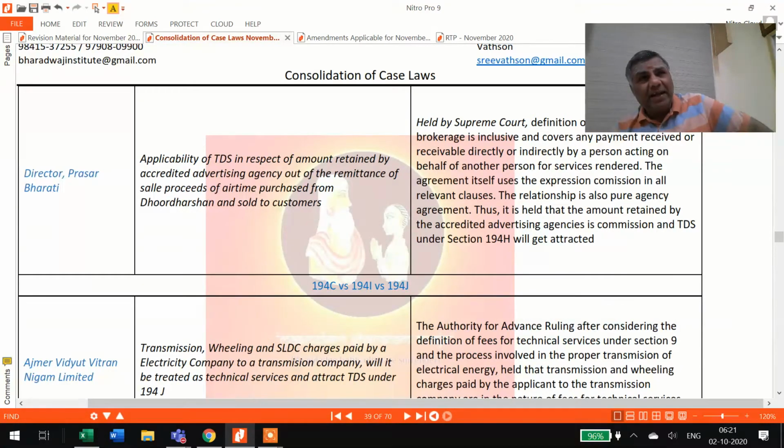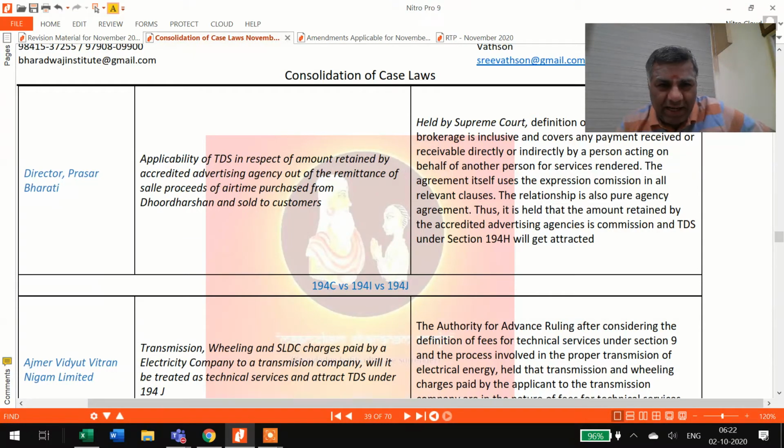I collect an advertisement fee of 1 lakh and pay, my dear friends, I will only pay 85,000. There is no tax obligation. That has changed because of this decision.